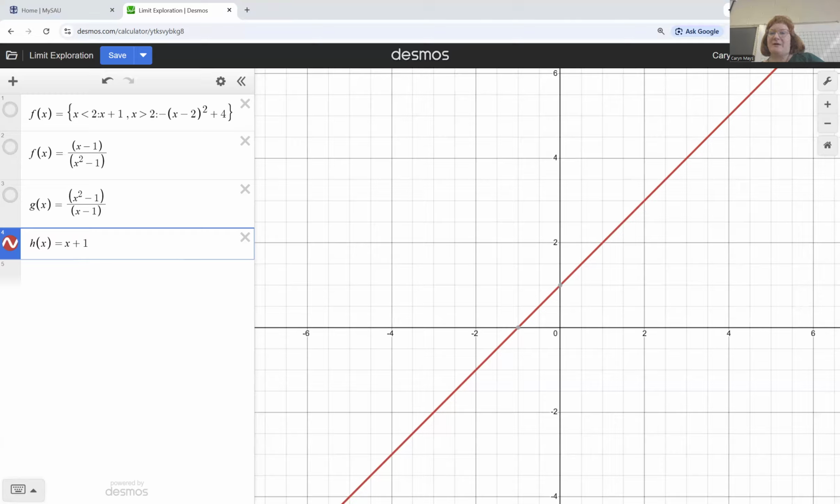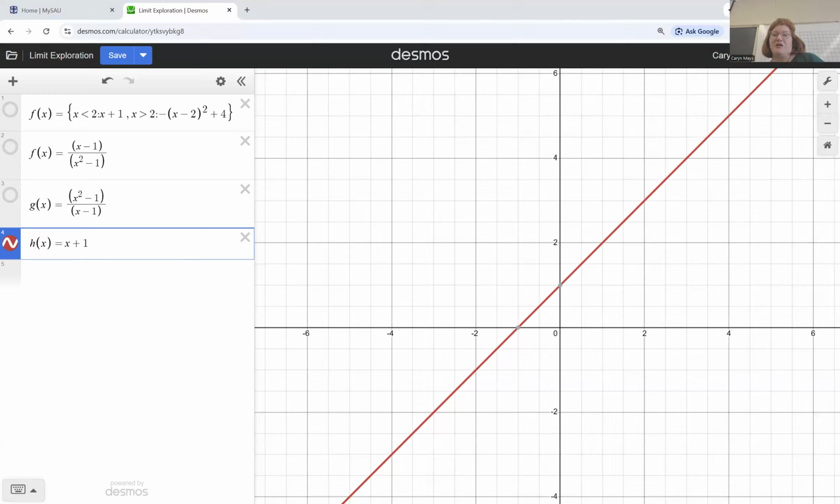The denominator is x minus 2. Limit x goes to 2. If I have these two factors over each other, what is the same in the numerator and denominator? The x minus 2s, those cancel.